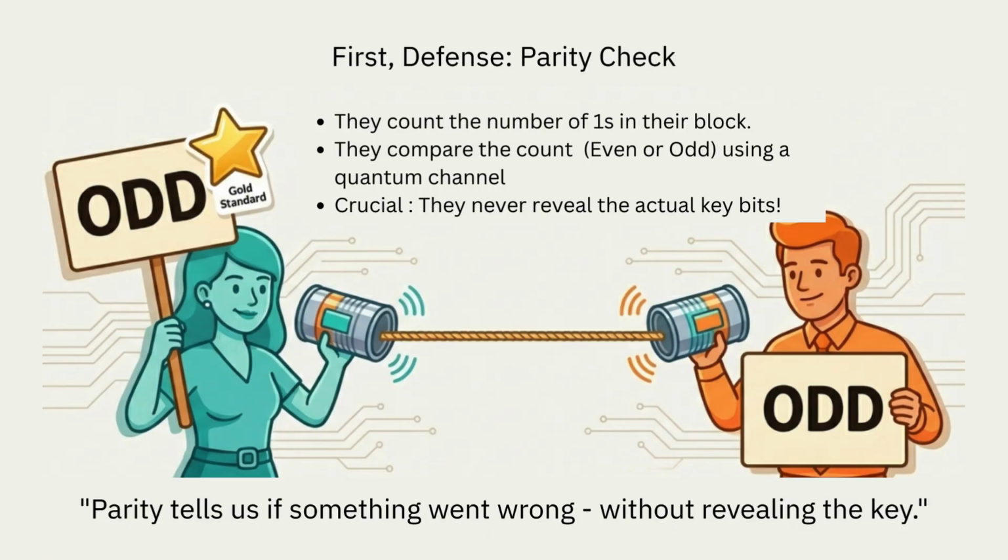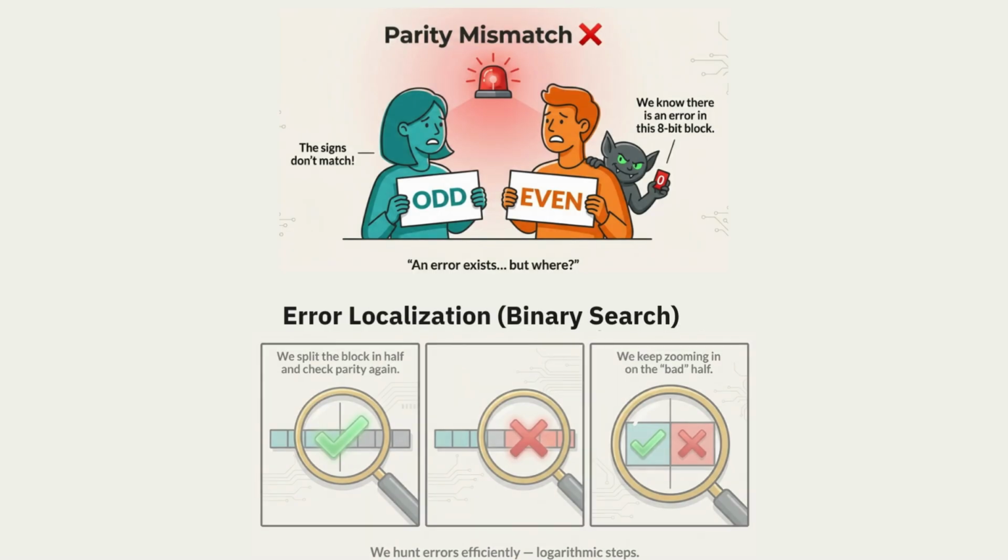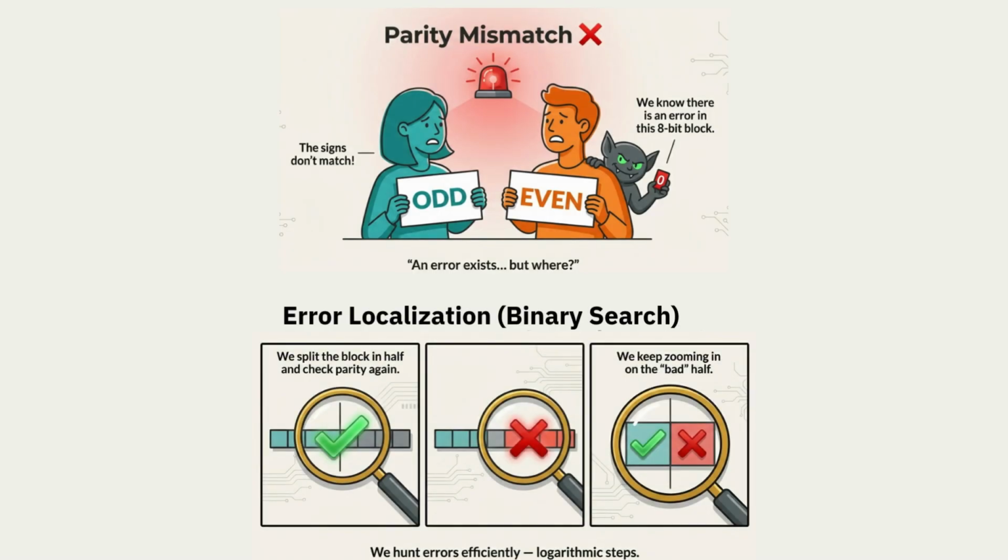An interesting deviation from BB84's method is that we are not publicly announcing the parities. Instead, we use a single Bell pair to encode the parities. In this case, the parity match or mismatch is preserved, but the actual revealed bit is random. If the parity matches, we can move to the next segment. However, if parity mismatches, we employ a binary search to find the error bit, similar to the BB84 error correction.